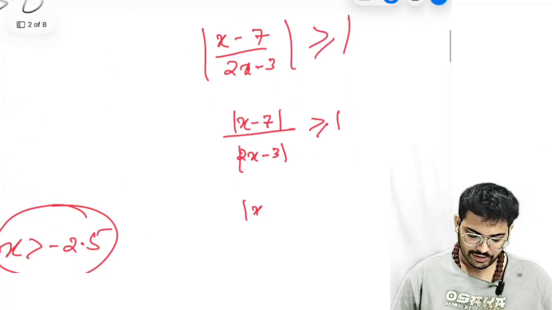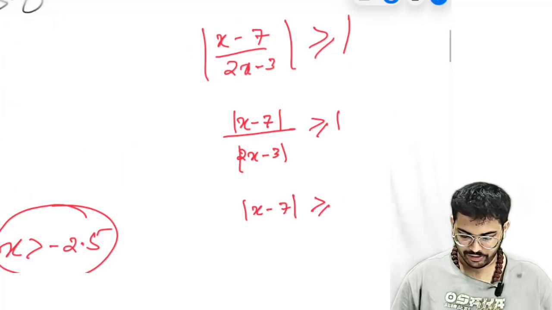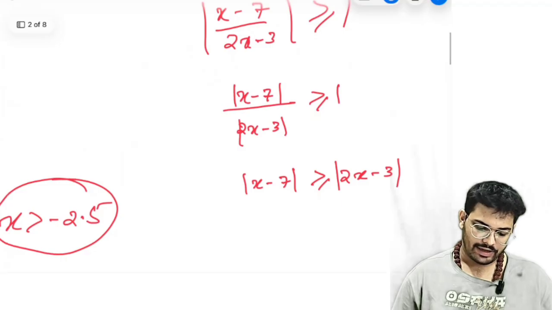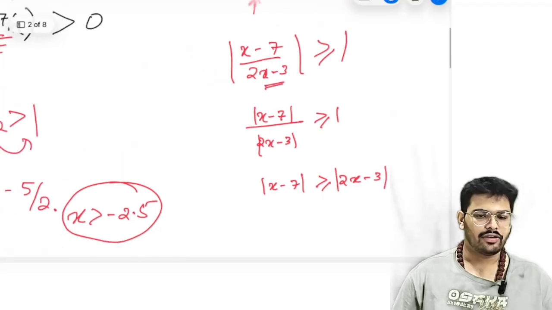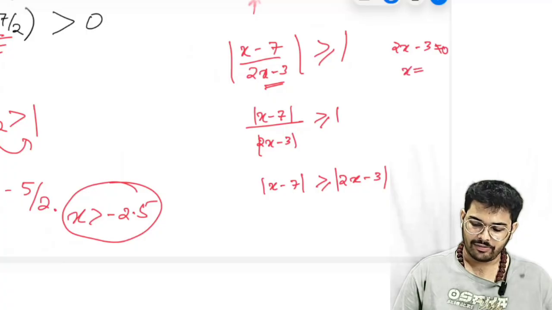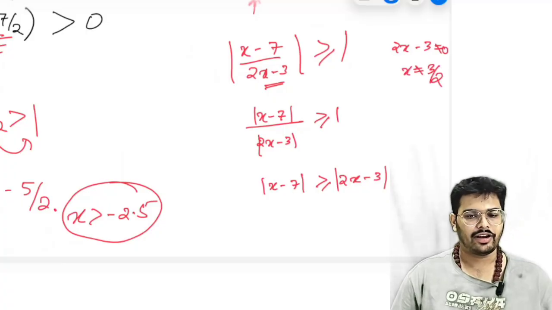From there, the conclusion is that mod of (x minus 7) should be greater than or equal to mod of (2x minus 3), provided that 2x minus 3 is not equal to 0, that is x shouldn't become 3 by 2, because the denominator can't be 0.